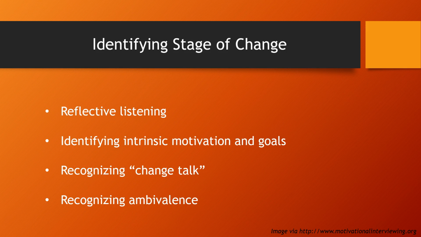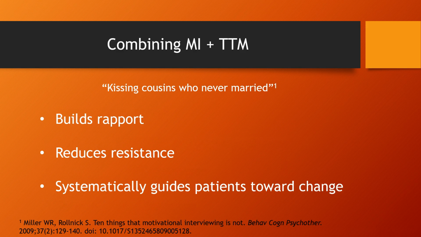So the counselor has to reserve judgment, be empathetic, really care about the client, and really hear who the client is and what they want. That allows the counselor to identify at any given session what stage of change their client is in.